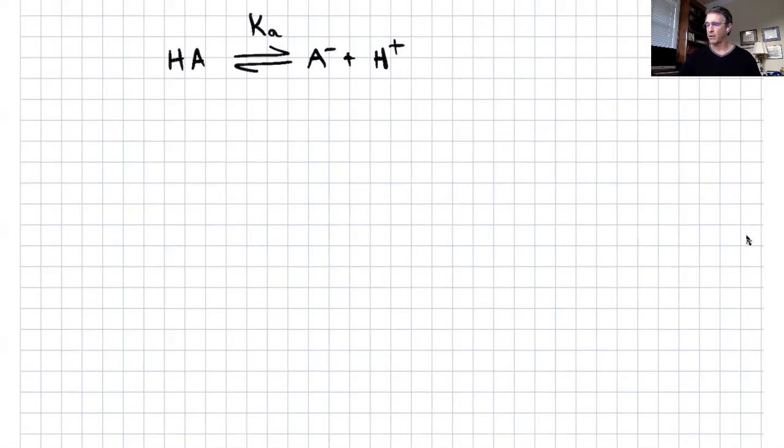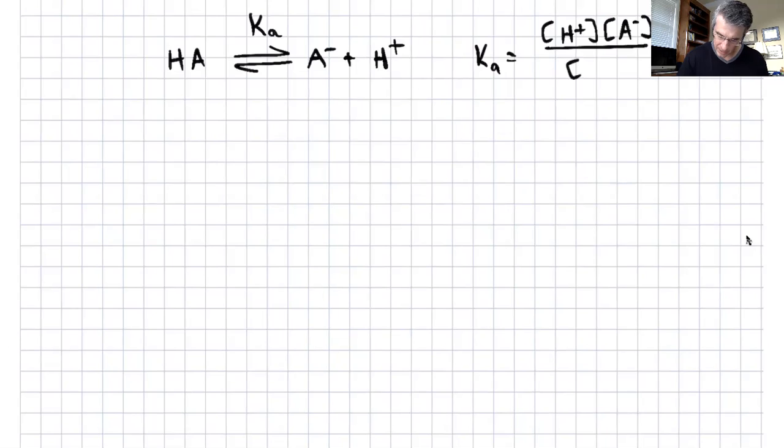And we went through the gyrations of defining that equilibrium constant, as you recall, as that simple ratio of the proton concentration times the conjugate base concentration divided by the conjugate acid concentration. We then connected this all up to the Henderson-Hasselbalch equation.